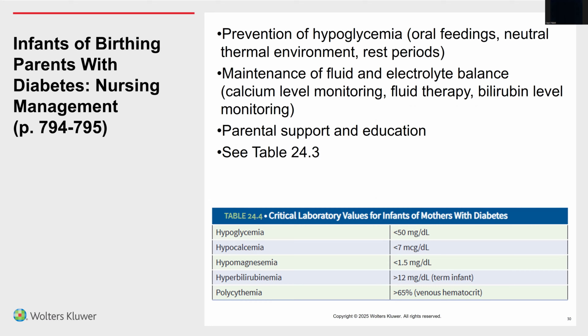Maintain fluid and electrolyte balance, and monitor the serum calcium level, as any changes may indicate a need for supplementation, such as with oral or IV calcium gluconate. And of course, we want to ensure that they're properly hydrated and provide lots of support and education to the parents.